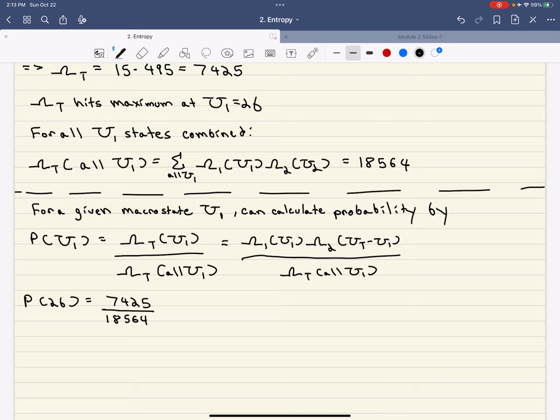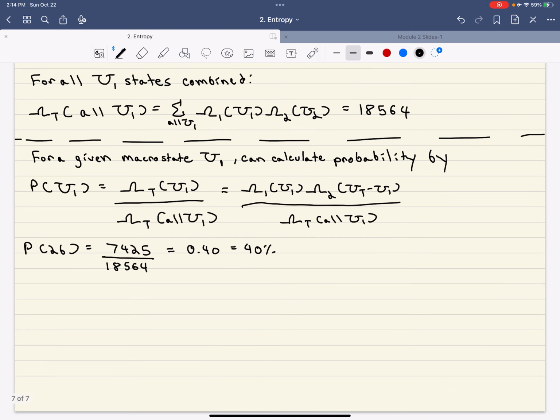And if we go through with this calculation, we see that for this value of U1, its number of microstates constitutes about 40% of all of the possible microstates that can exist here, right? So it actually makes up a significant chunk of the possible microstates.